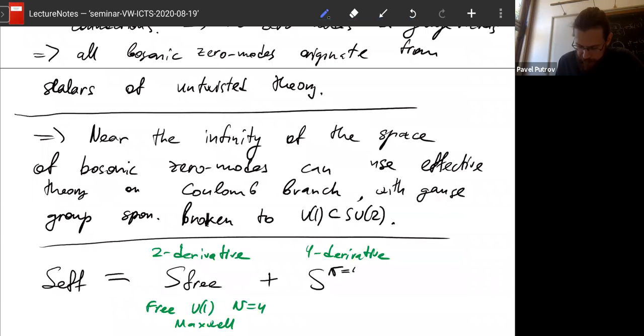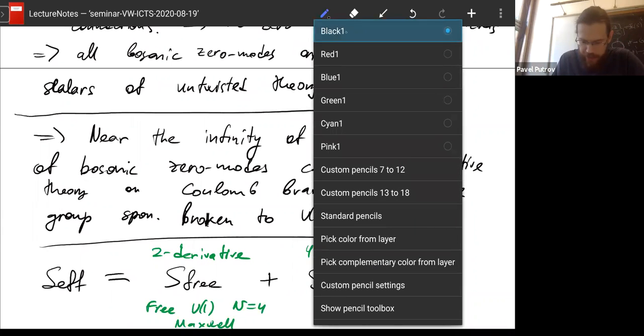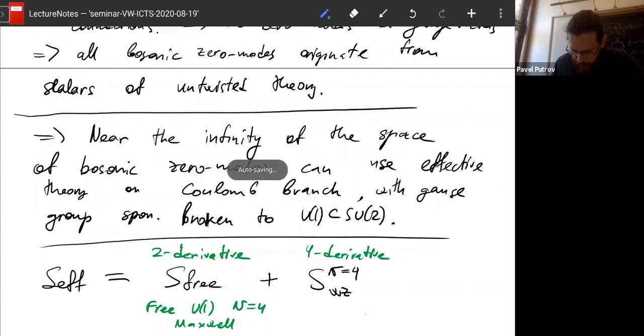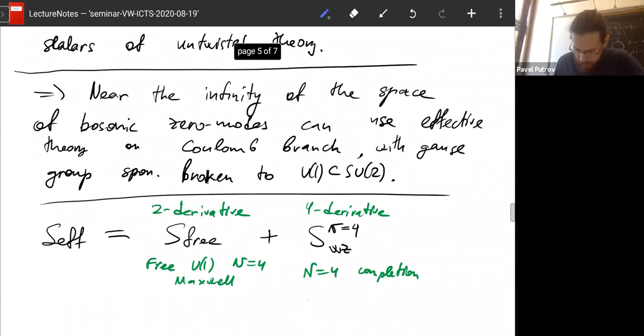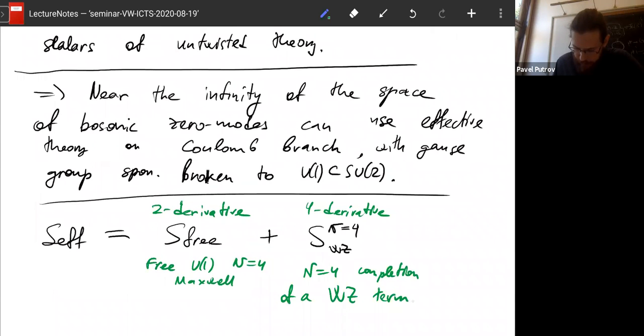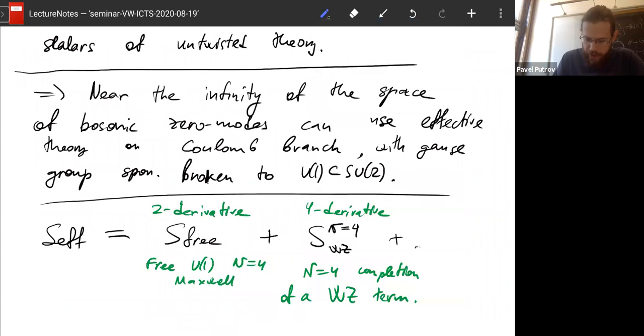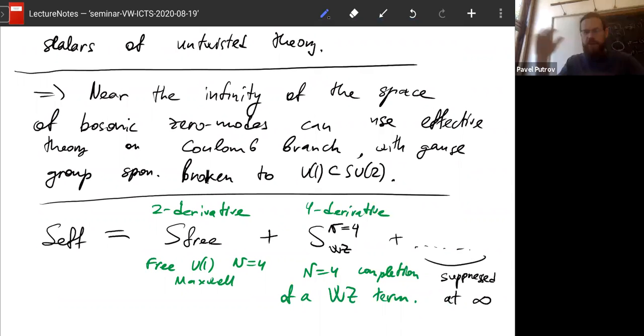Then there will be a four-derivative piece, denoted N=4 WZ, which can be understood as a supersymmetric completion of the Minotaur term, in a moment. And there will be higher derivative contributions, which one can argue are suppressed at infinity, so they are not going to contribute to this integral over the boundary.